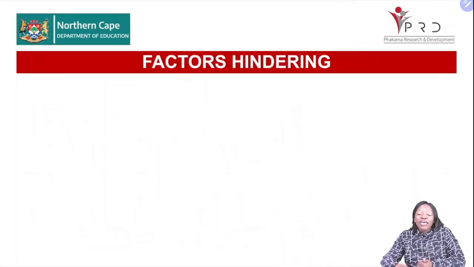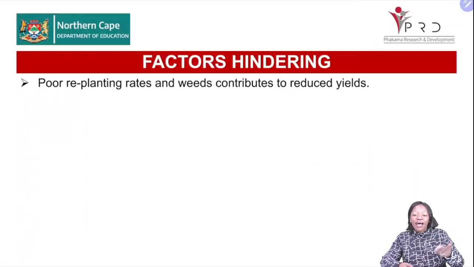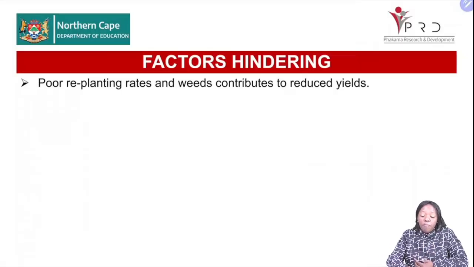Then we're looking at the factors that are hindering. These are the things that will make a sugarcane plantation very poor. So, poor replanting. Remember, once they are done harvesting, they need to replant again. Poor replanting rates as well as weeds contribute to reduced yield.